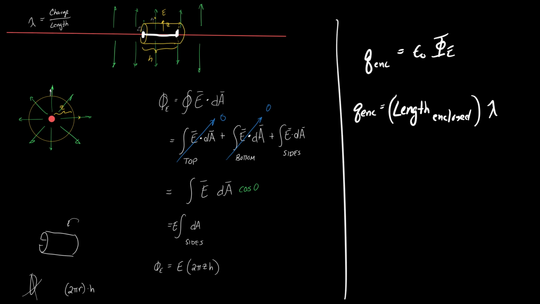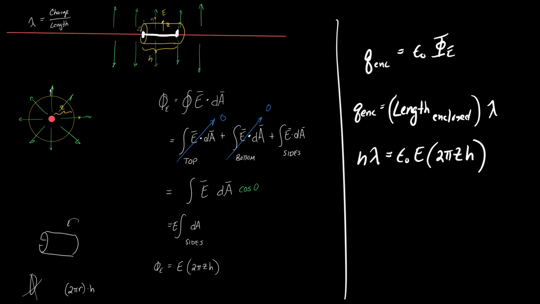So Q enclosed for us will be H lambda. That's going to equal epsilon naught times E times 2 pi Z H. That's how Gauss's law is supposed to work if you're trying to find the electric field from a symmetrical shape.